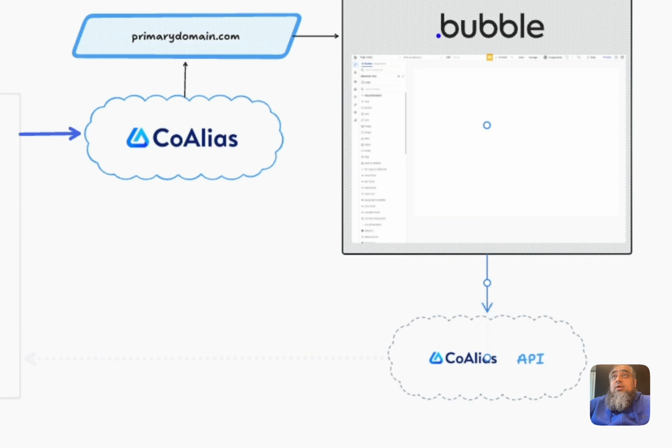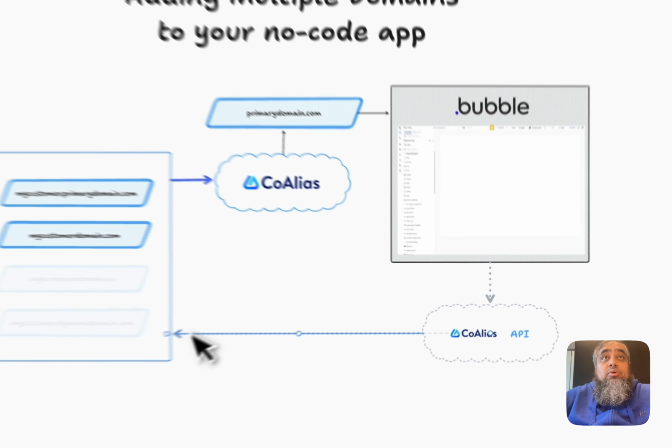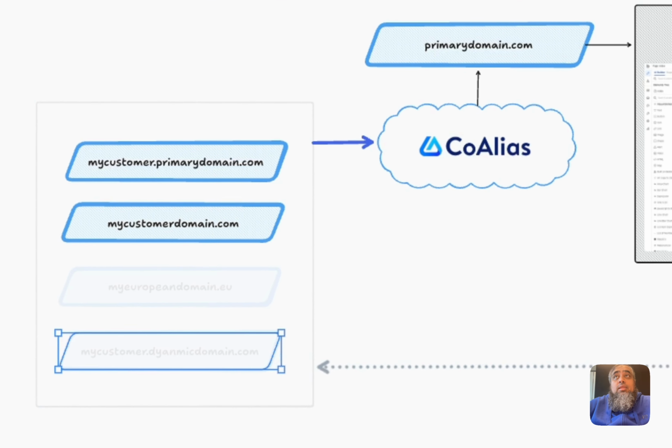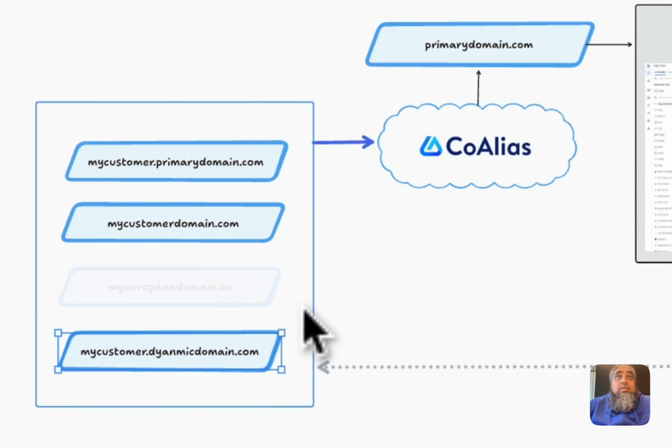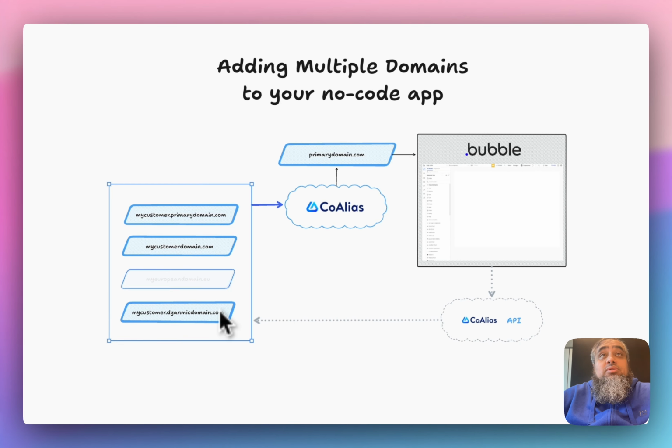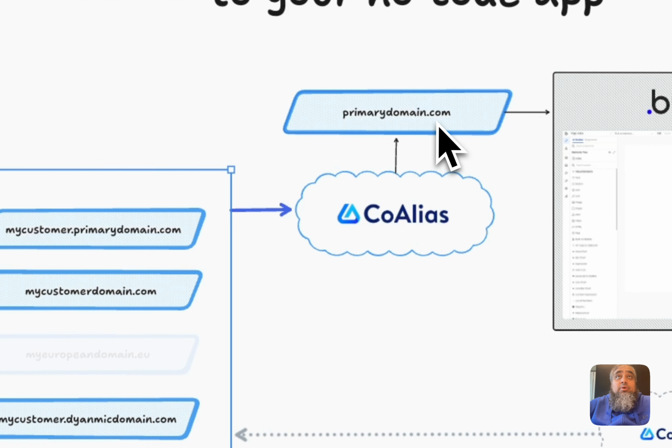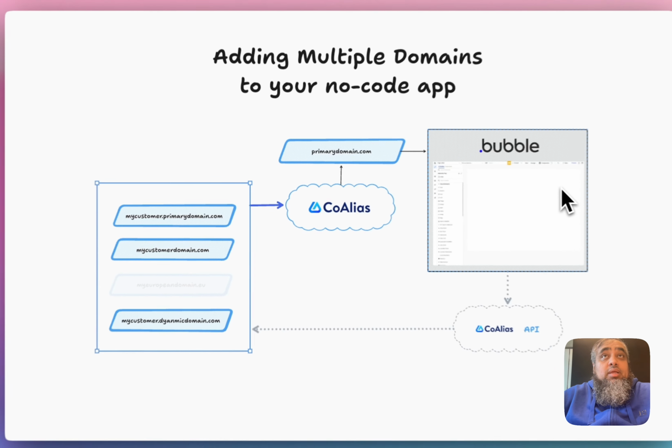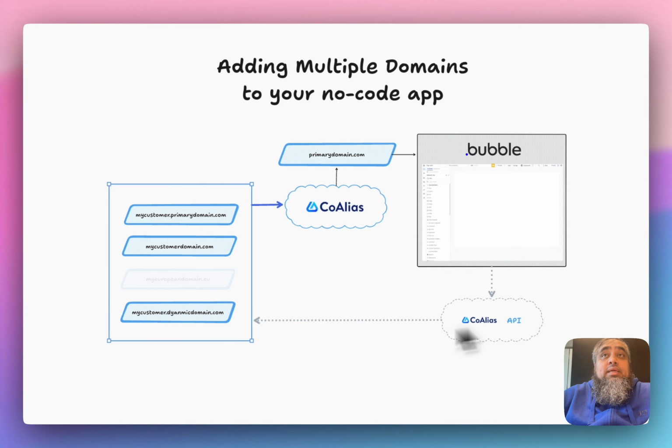And if you call the API, for example, the add domain, CoAlias will add that domain to your account, and when you or your customer change the DNS records, they will be able to use that domain to access your primary domain's app again. And that way you can dynamically add domains, onboard new customers, or onboard anyone you like.